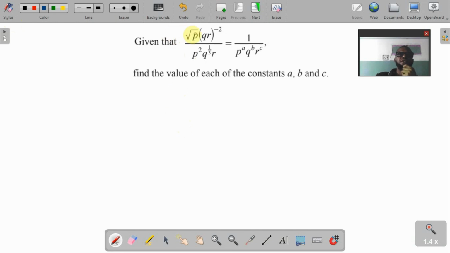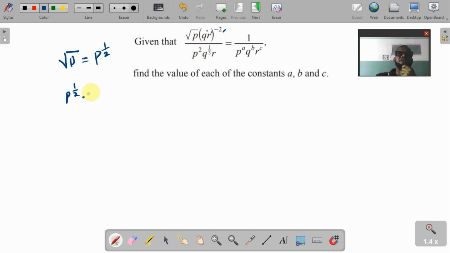Now let's start. The square root of p is like saying p raised to the power 1 over 2. So when we have p to the power of 1 over 2, the minus 2 outside the bracket will multiply the powers inside this bracket.